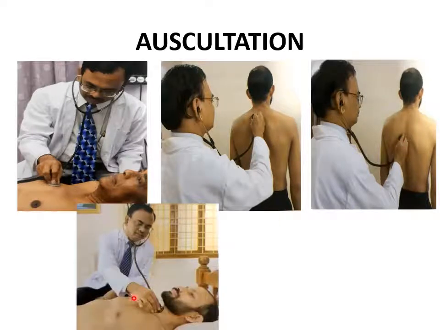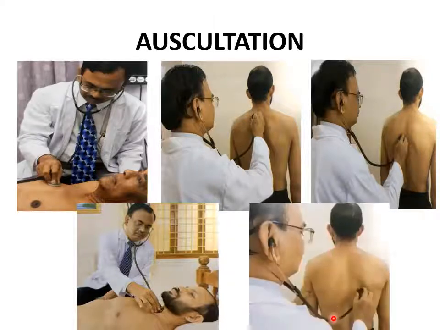Then here the doctor is auscultating on the trachea. So for the bronchial breath sounds, we have to auscultate on the trachea. And for vesicular breath sounds, we have to auscultate on the periphery of the lung. So bronchial breath sounds on the trachea and vesicular breath sounds on the periphery of the lung. And this is the infrascapular area.